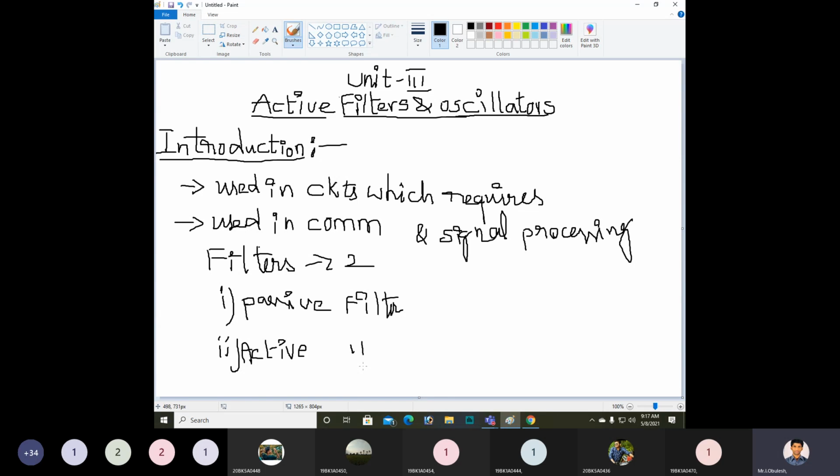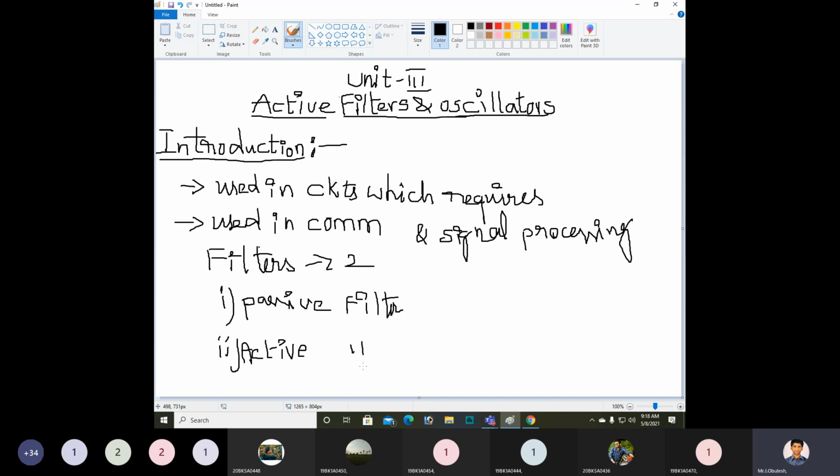A frequency selective electronic circuit that passes electronic signals only within a specified bandwidth of frequencies. Let us assume we have a frequency selective electronic circuit. This circuit allows only a specific band of frequency signals.